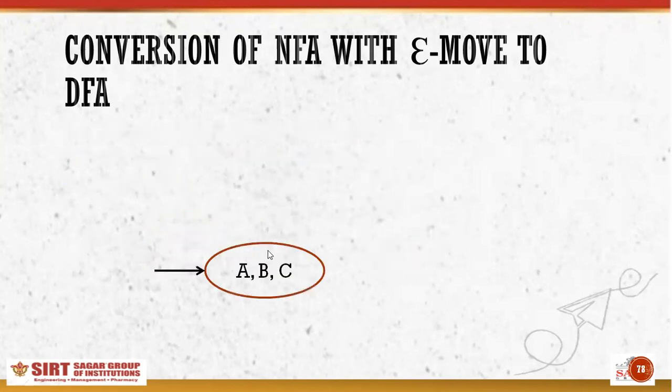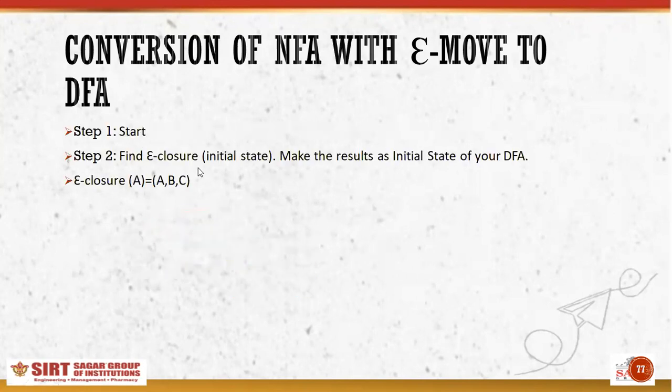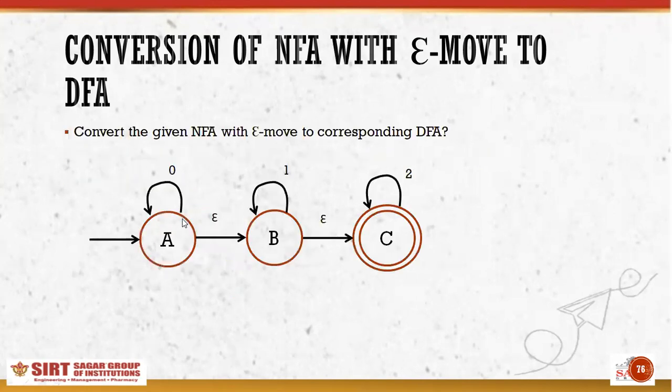So the 0 closure of ABC will be ABC again, because as I told you in the previous lecture, on giving 0 to A, what are the possibilities? On getting 0 from A, we can reach A directly, and after reaching A, either we can rest at A, or we can reach B without making any effort, or reach C without making any effort.